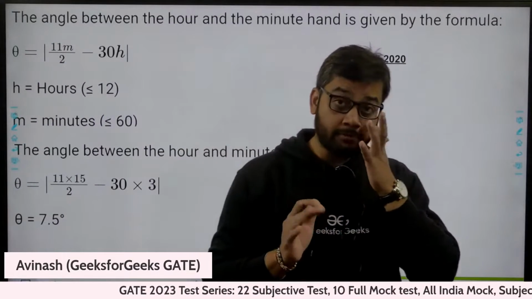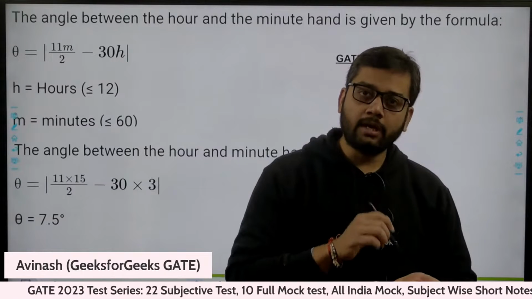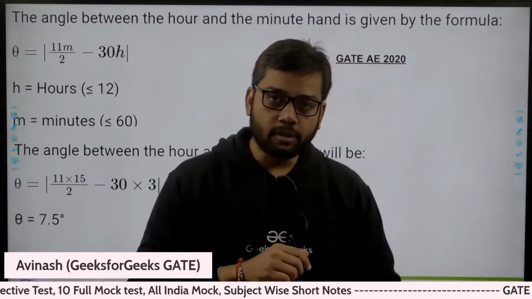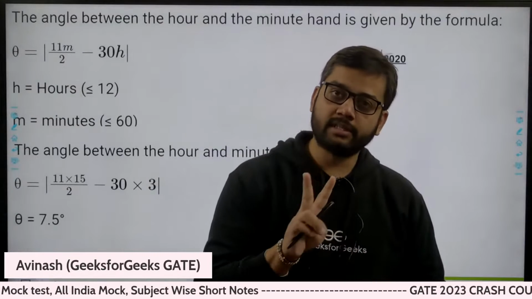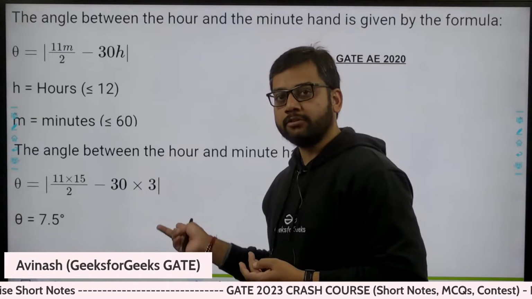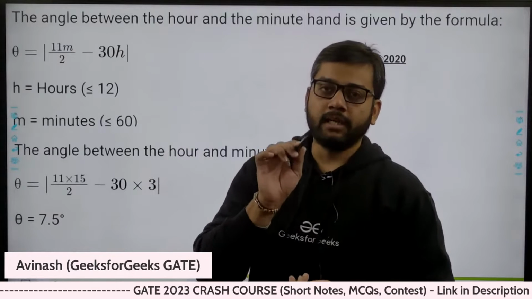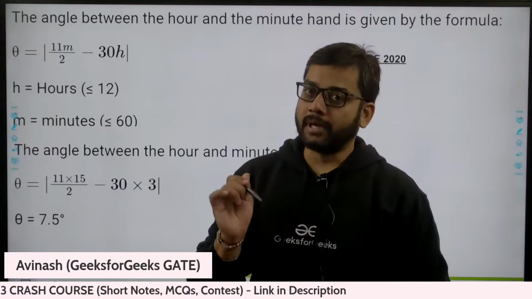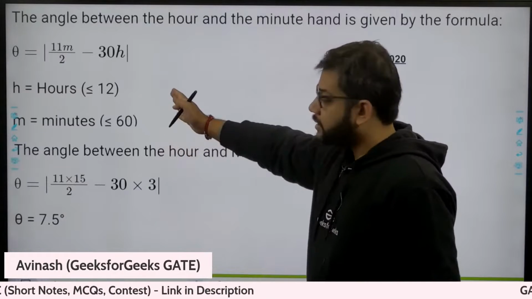One thing I'm going to tell you, our motive in today's session is how to solve our question in 2 minutes. That's it. Because if these questions are taking more than 2 minutes, it means you are lagging in your test series, in the conceptual knowledge, and in the practice part. So this is the set formula.